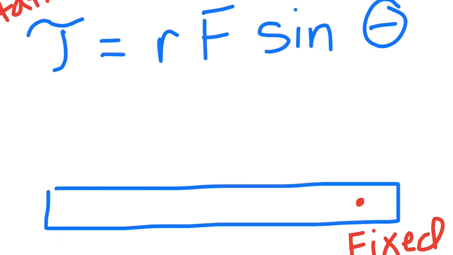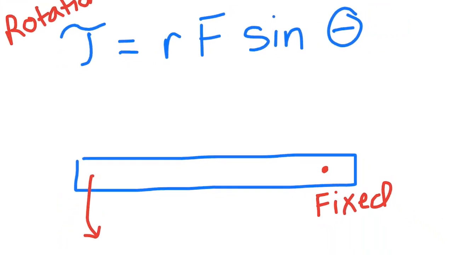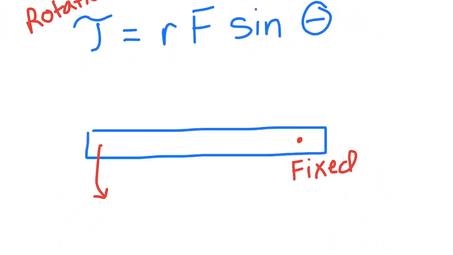So R is going to be our distance between the applied force and the fixed point, and you can think of it like a radius. Most of us associate R with radius, and that's okay, because we are rotating this object. If I were to zoom out, you could picture how this handle, in theory, could rotate all the way around and become a full circle.